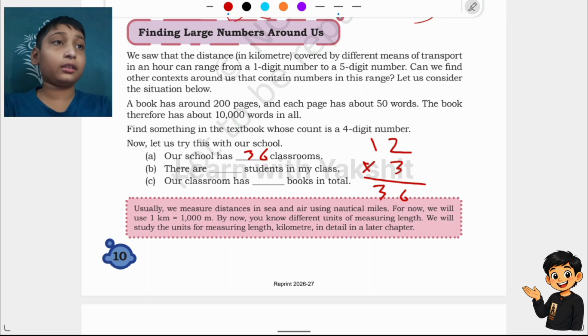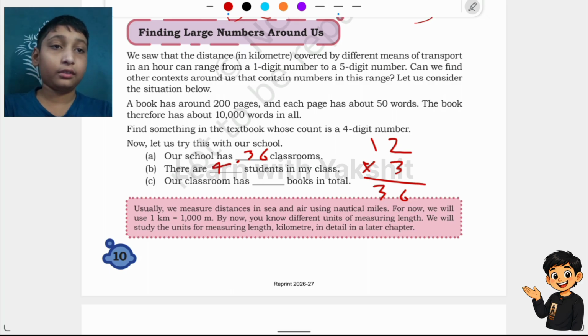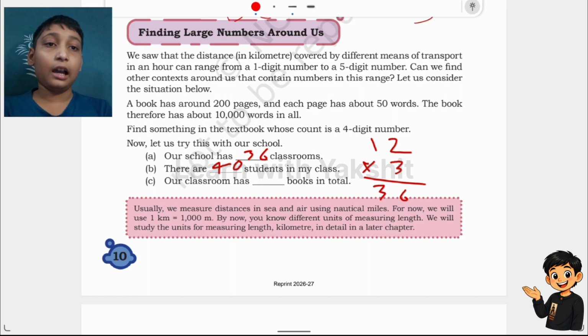And the next one, B: there are dash students in my class. I'll estimate each class has 40 students. Now, the last one: our classroom has dash books in total, meaning how many books there are.